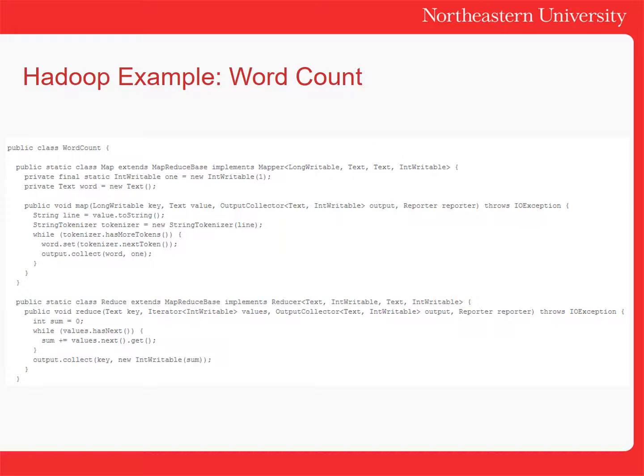These are all being emitted by potentially many mappers in parallel. And then once all the keys are available, they will be combined. So all the key value pairs that were emitted by all the mappers for, say, the word frog, will be sent to the same reducer.